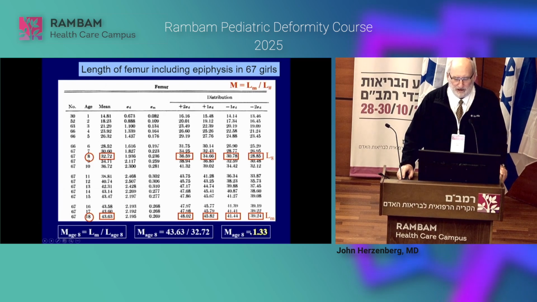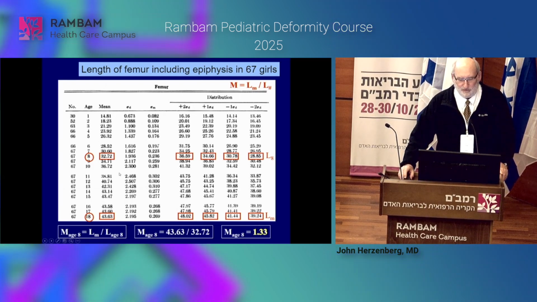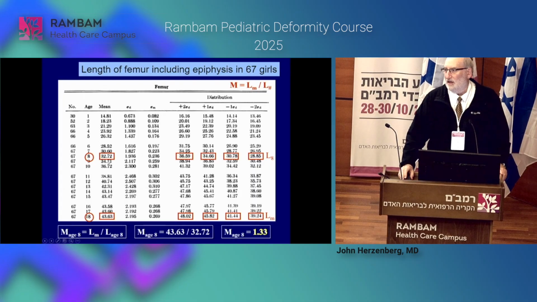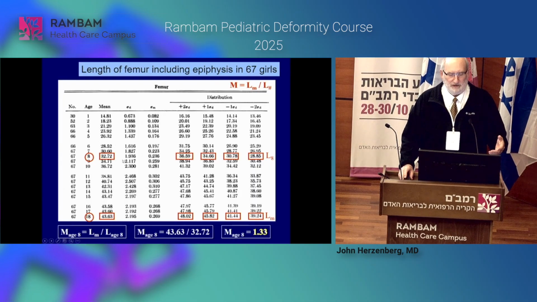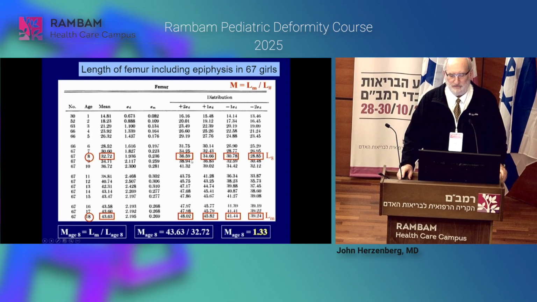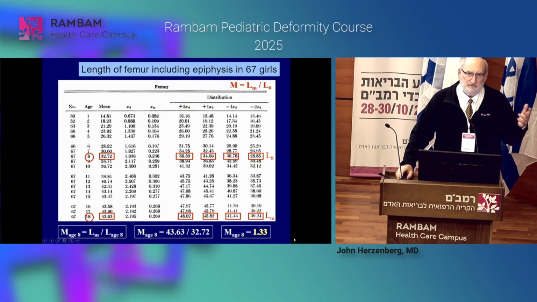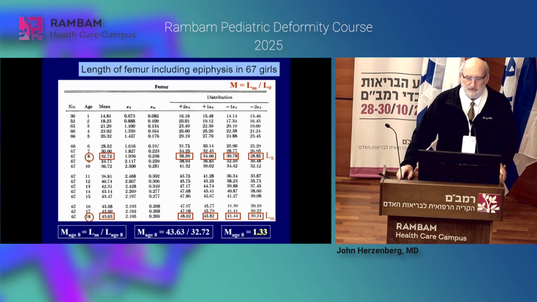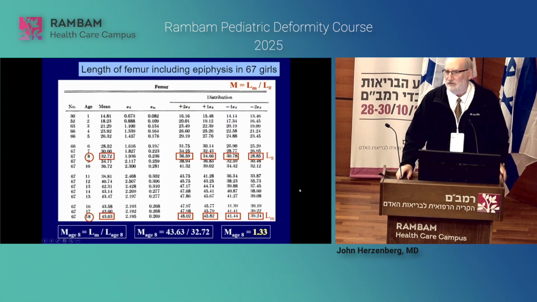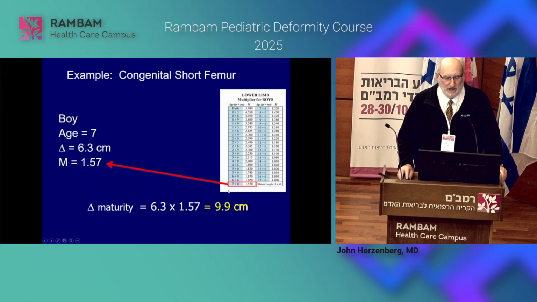So the multiplier for an 8-year-old girl would be 1.33. And so if you multiply any of these numbers by 1.33, you'll get their length at maturity. Because it really doesn't matter if they're tall girls or short girls, 2 standard deviations above or below, it's the same multiplier.